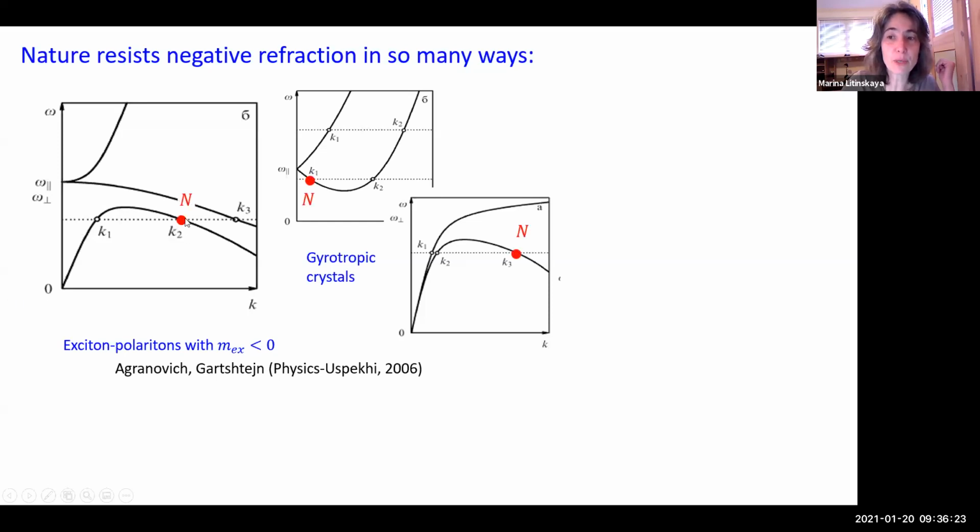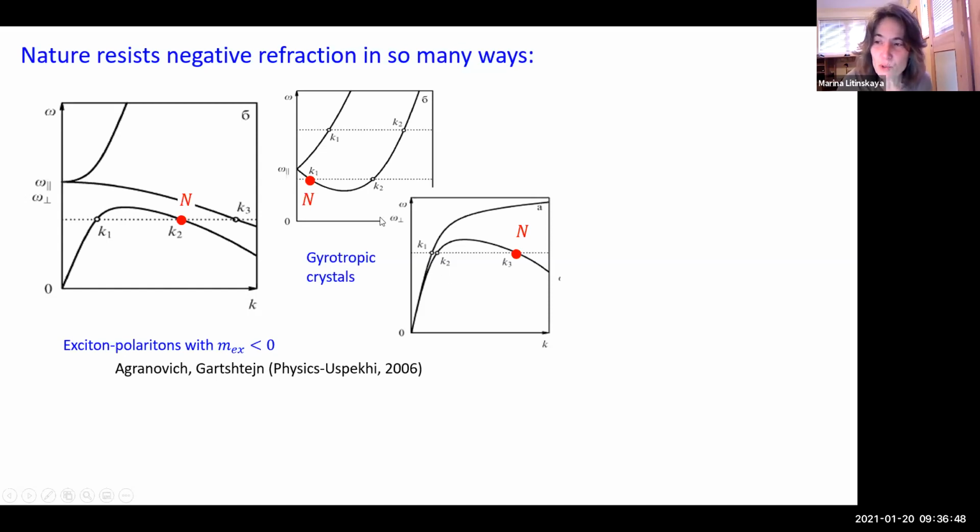And here you have a negatively refracting wave. These are the eigenmodes in a gyrotropic crystal. This is a negatively refracting wave. So negative group velocity, negatively refracting mode, and same here. So we do have waves with negative group velocity in conventional solids. What is the problem here?